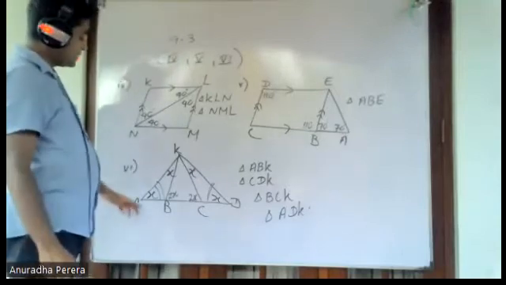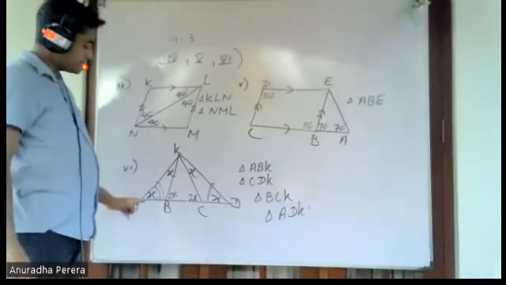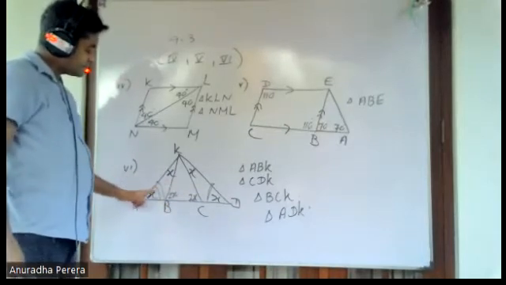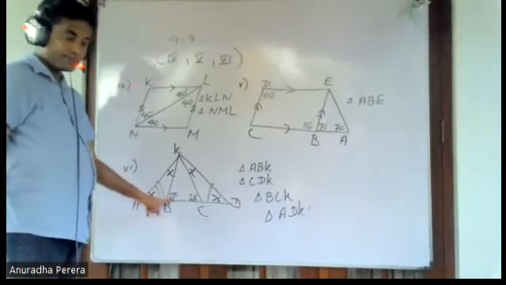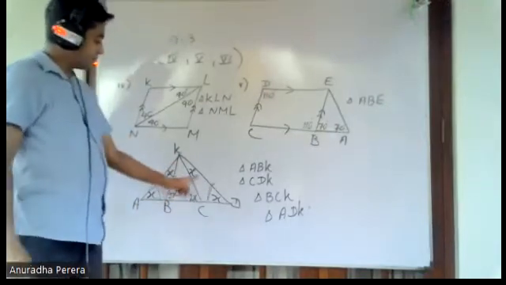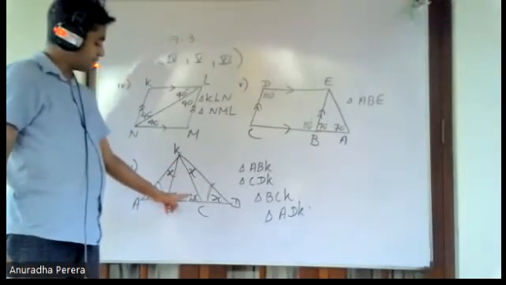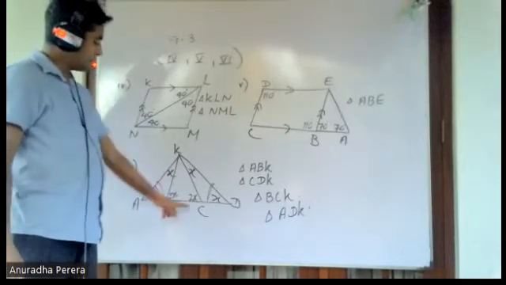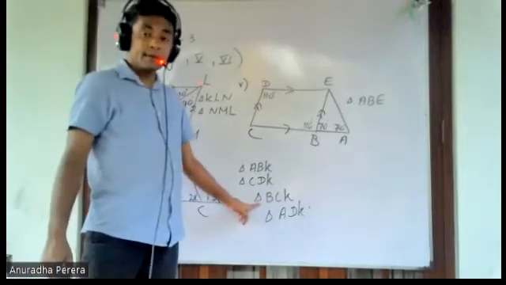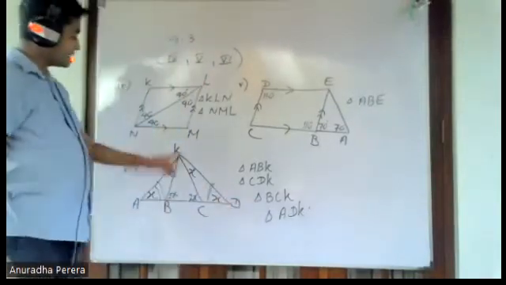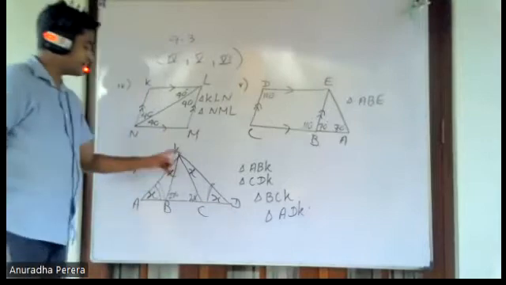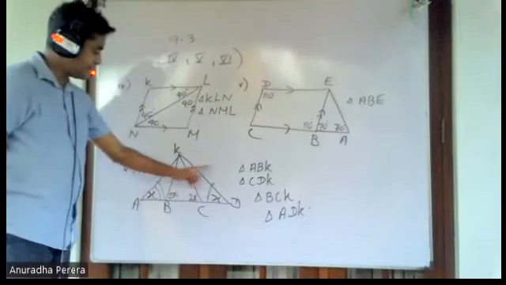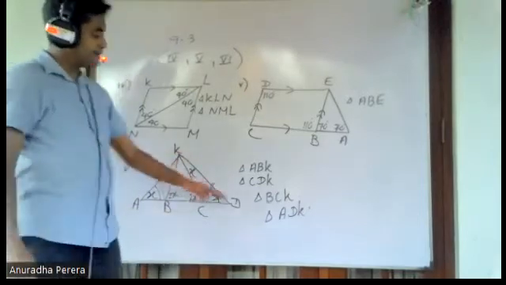If you consider triangle ABK, when producing this side, the exterior angle is equal to the sum of these two, so this is 2x. Now these two are equal, which means these two sides are equal. Then BCK is also an isosceles triangle. And consider the large triangle ADK: this is x and this is x. Then AK equals KD, so this is also an isosceles triangle.